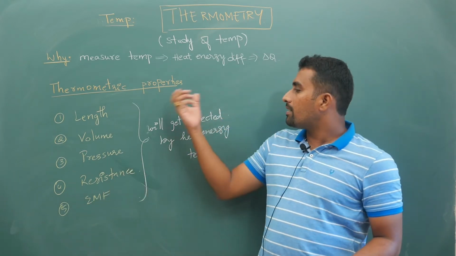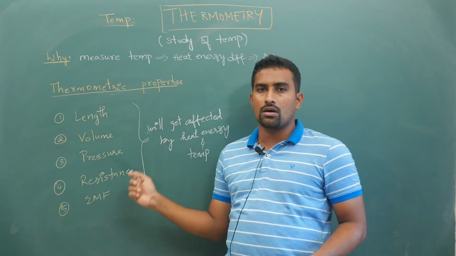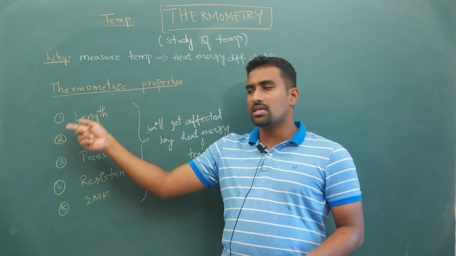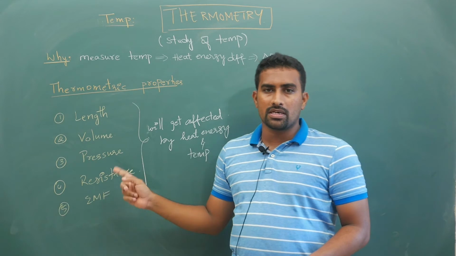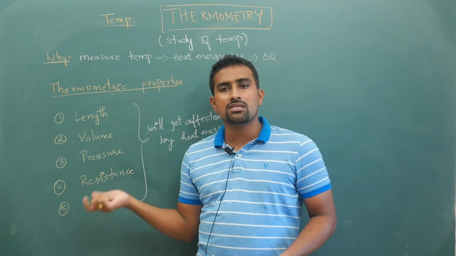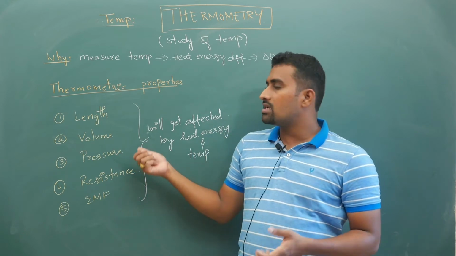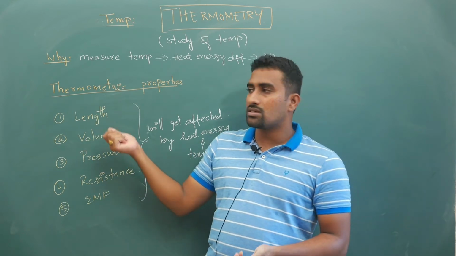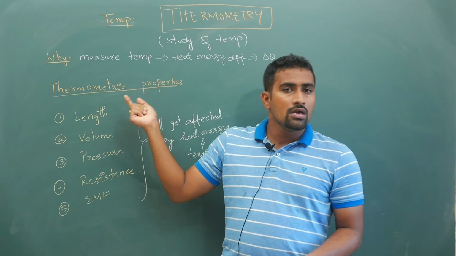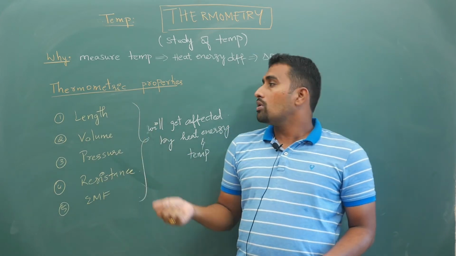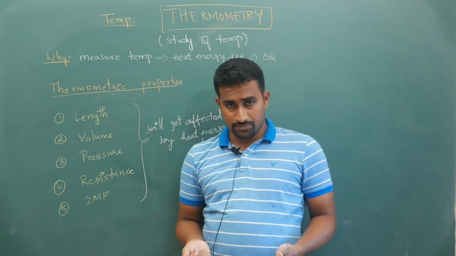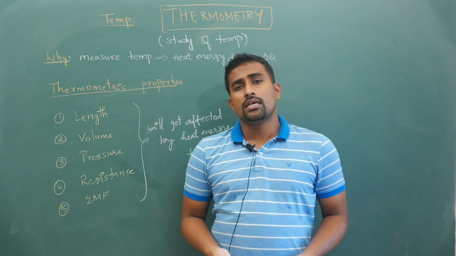Because all these properties change with temperature, I can use this in measurement of temperature. So these properties which are affected by temperature or heat are your thermometric properties, and using them I will try to measure the temperature.